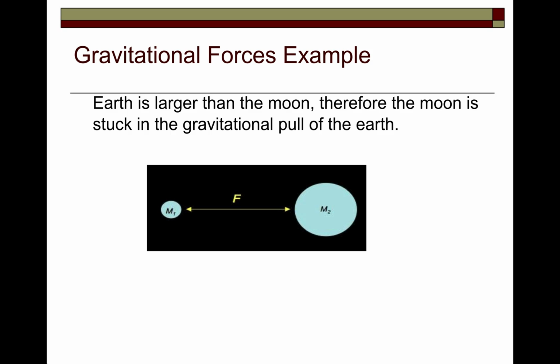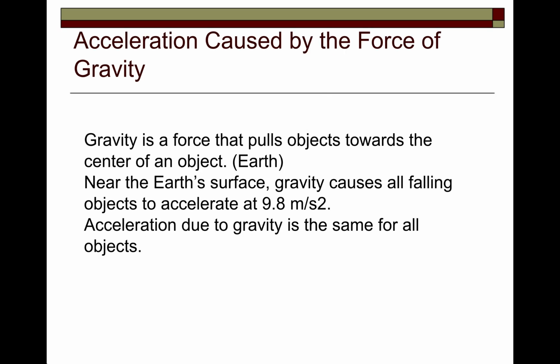A gravitational force example. Earth is larger than the moon, so the moon is stuck in the gravitational pull of the Earth. Acceleration caused by the force of gravity: gravity is a force that pulls objects towards the center of the Earth, or the center of an object.